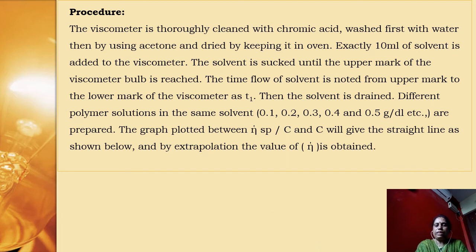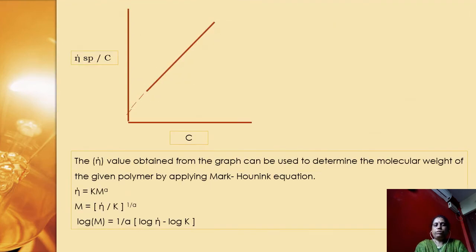Here you are getting a straight line, and the extrapolation is done as shown by the dotted line, which cuts the y-axis. This eta value obtained from the graph can be used to determine the molecular weight of the given polymer using the Mark-Houwink equation.